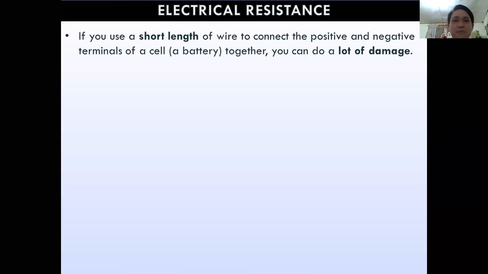Now, more on electrical resistance. I want you to think about this. If you use a short length of wire to connect the positive and negative terminals of a cell or a battery together, don't you know that you can do a lot of damage? Again, I'll repeat.